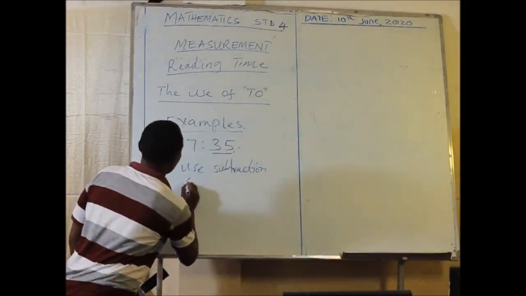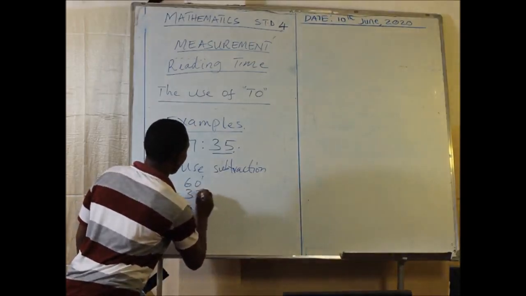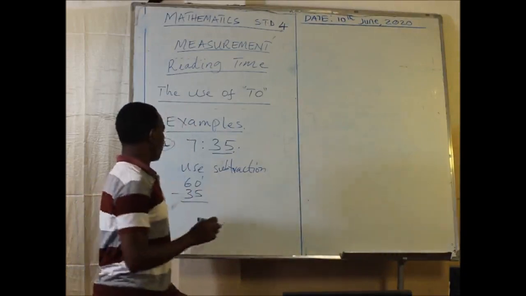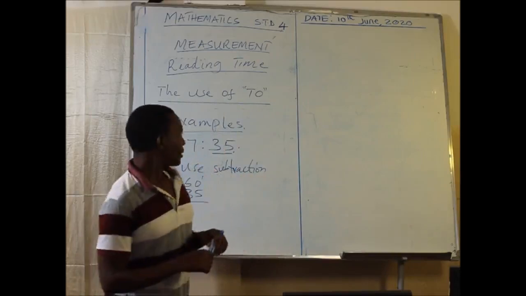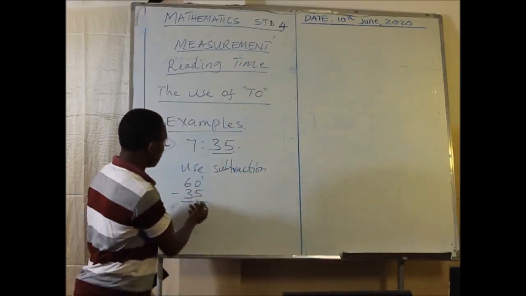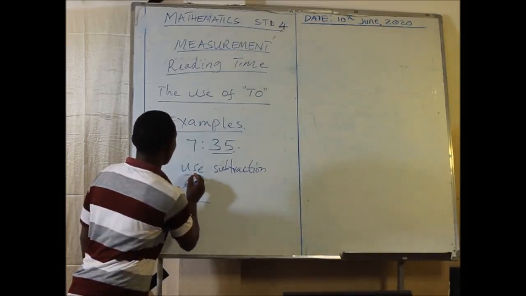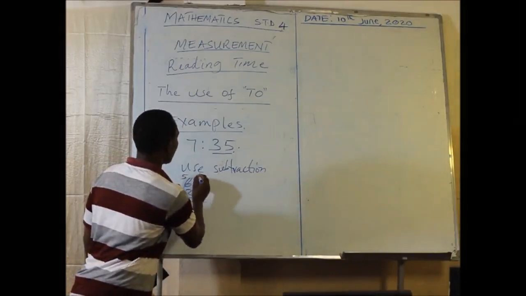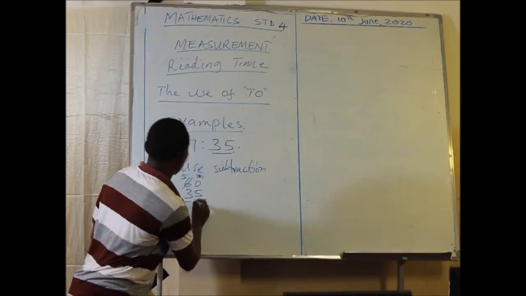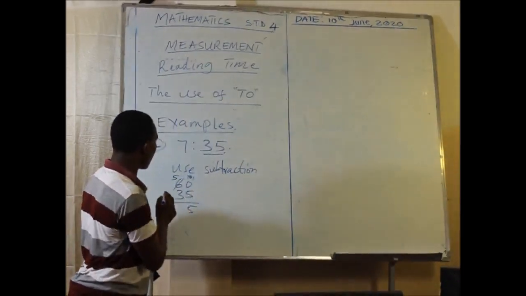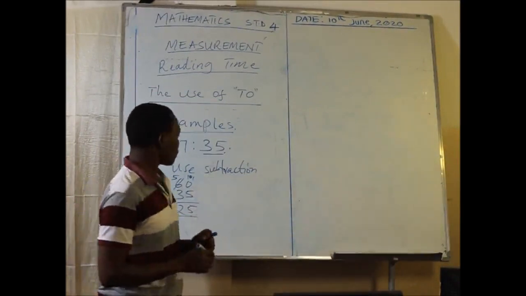You subtract 35 from 60. Let us subtract: 0 take away 5 is impossible. You borrow 1, then this one remains 5, and this one becomes 10. 10 take away 5 remains 5. Then 5 take away 3 remains 2. These are the minutes which have remained.